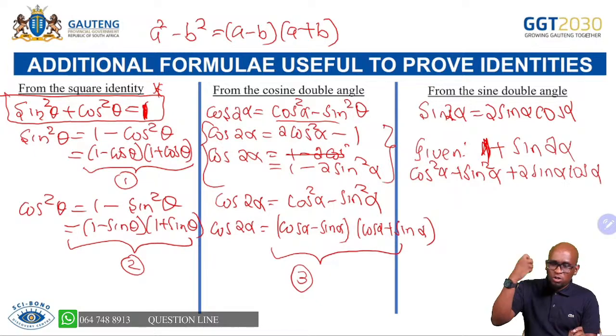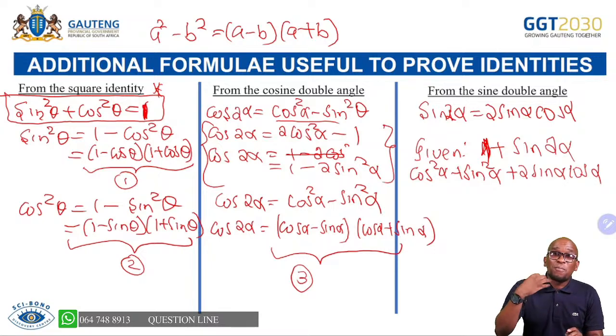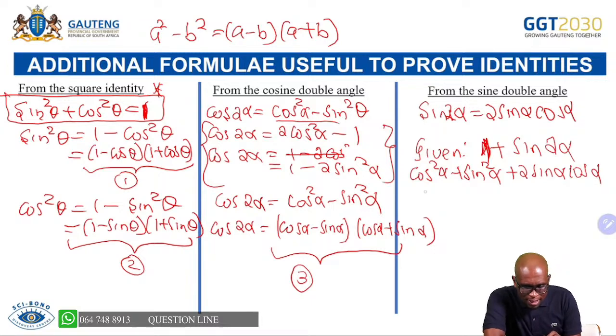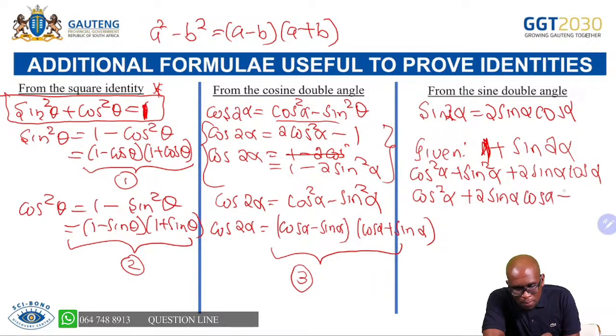I am taking the 2 sine alpha cos alpha from the double angle of the sine trig ratio. Now, I can put the squares on the extreme: cos squared alpha plus 2 sine alpha cos alpha plus sine squared alpha.